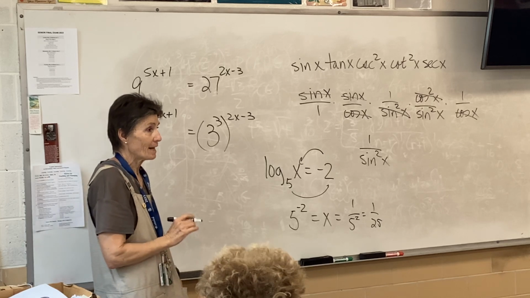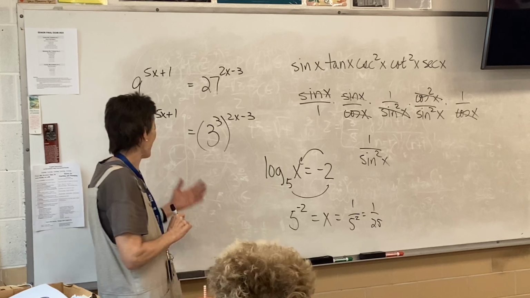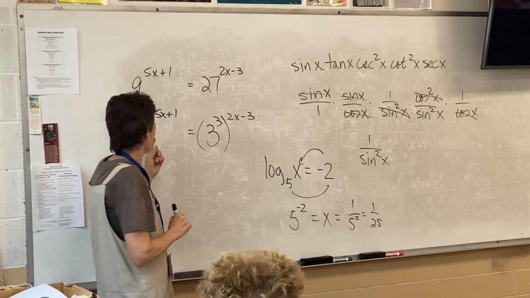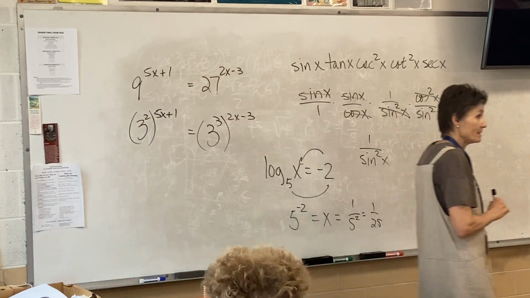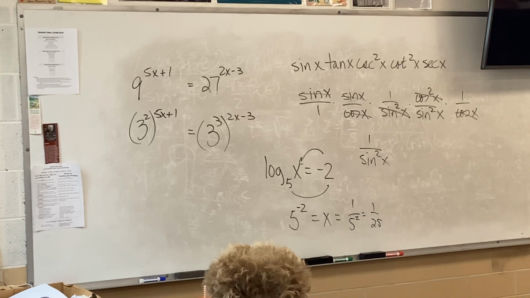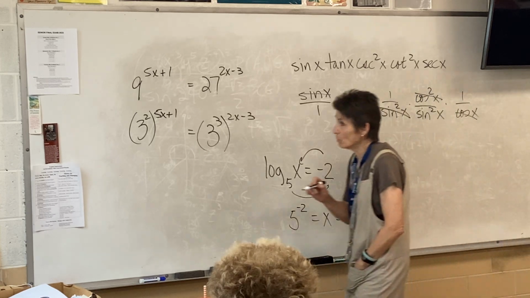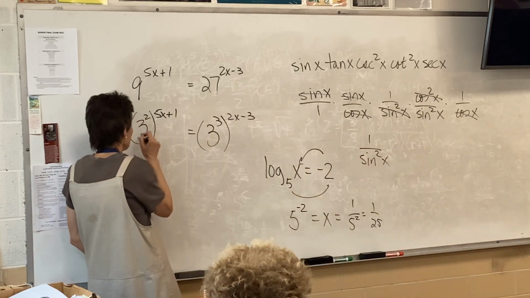Notice this is not a calculator problem, so you have to be able to do this if it's not a calculator problem. Now, it might not be 9 and 27, it might be 16 and 8, or 25 and 125. If it's no calculator, you have got to be able to rewrite both numbers as the same number to a different power.